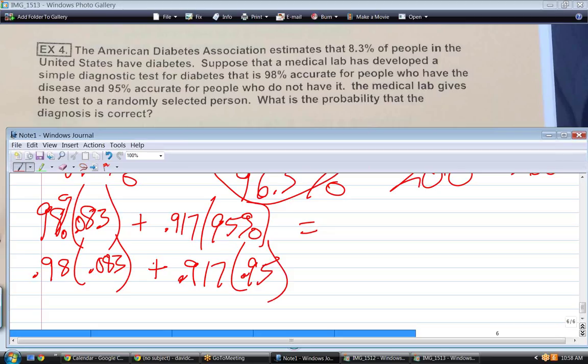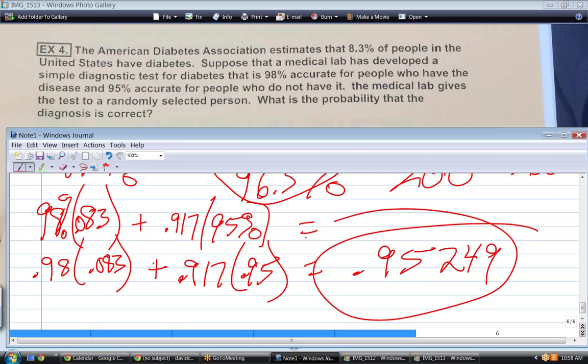Here, I'll try it again. Yeah, there's a mistake there somewhere. In other words, this number should be less than 1. With decimals, I hope? Yeah, 0.949. There's the percent probability that the diagnosis is correct.